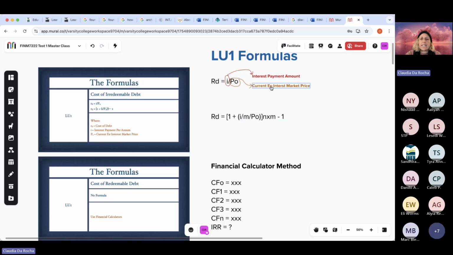All right, so like I said, what's important is the ex-interest market price. So you must make sure that whatever market price they give you, it is excluding interest. So it must state that.